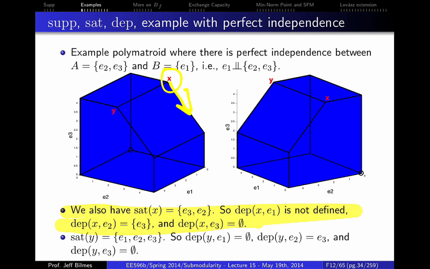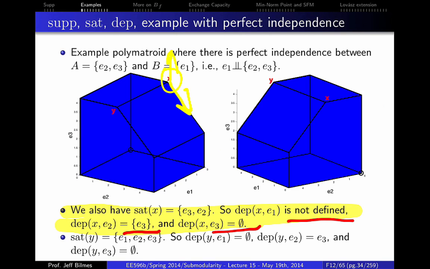But dep of x of E3, if we want to move further in the E3 direction, which would be up, we can't. So there's no other direction that we can move. So we have these three different possible valuations of dep: either undefined, a subset, or the empty set. Okay.